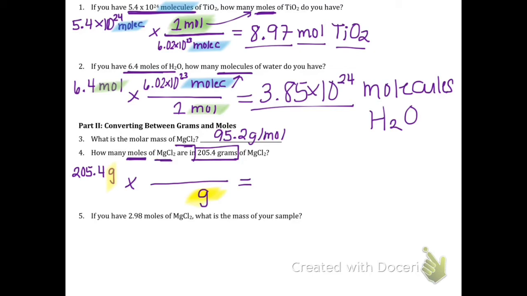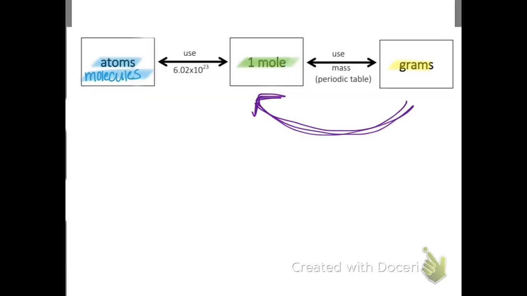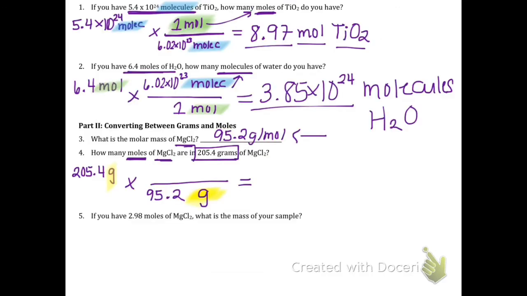Here, this is magnesium chloride, which we have already here. So we're going to do 95.2 grams. All right, now think about your map. You are going to moles because every fraction needs some green in it. So you're going to write some green in here, which is 1 mole. Okay, we reached our destination, so we know we're done.